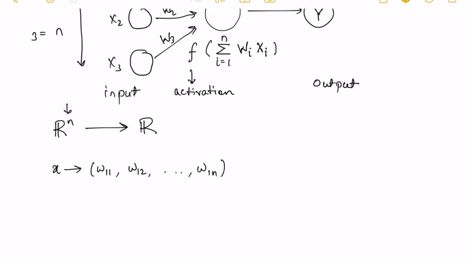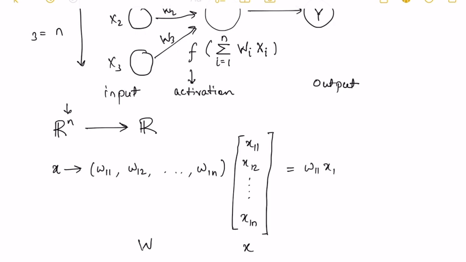So there is one weight for each value in x, and we multiply these by all the values of x1, x2 up to xn, and this is weight times the input, and what we get is w11 x1 plus w12 x2 up to w1n xn, right?